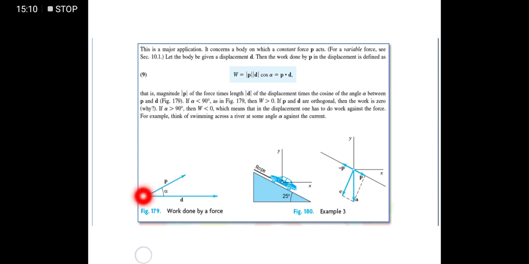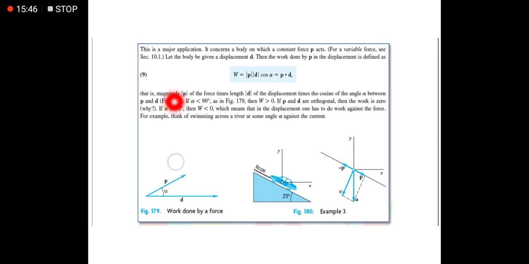So to get the work, take note that work is equal to force multiplied by distance. From your physics, the condition for using this equation, force multiplied by distance, is that your force should be in the same direction as your displacement. Since that is not the case here, we will use the angle. That is actually the application of the dot product.